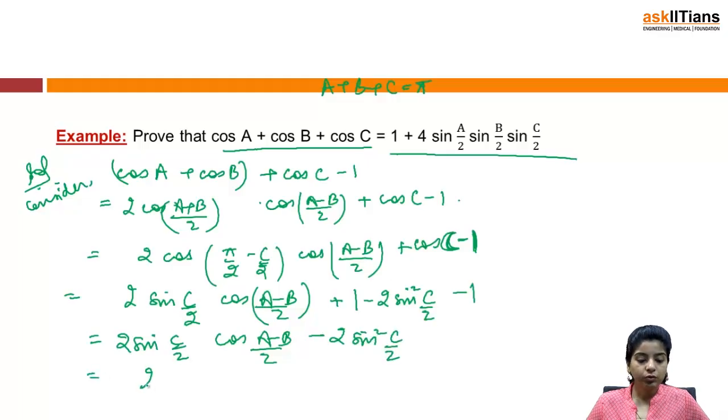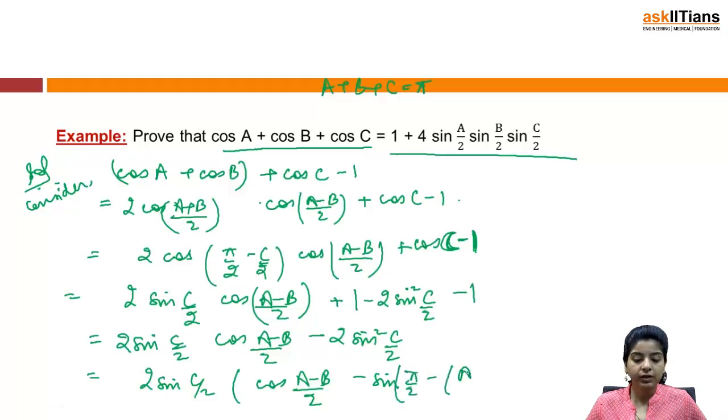So this gives me 2 sin C/2 cos (A-B)/2 minus sin C/2. Now I have taken 2 sin C/2 common, so I am left with sin C/2. Sin C/2 can be written as cos (A+B)/2, right?